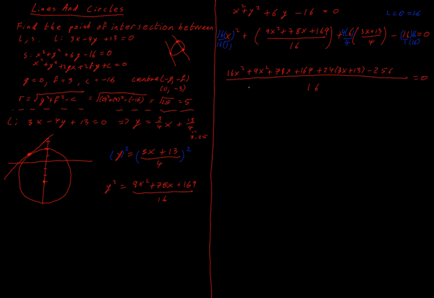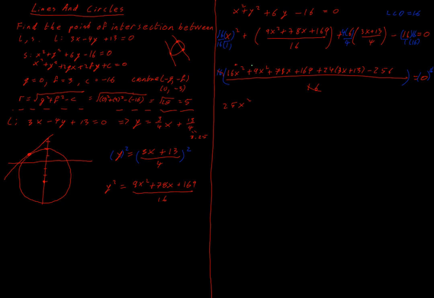I can now multiply both sides by 16 to get rid of this fraction, because now everything is over 16. So I can make both sides of my equation 16 times bigger. That gets rid of my fraction, since I have 16 divided by 16 here. And I end up with my 16 plus 9, which is 25x squared.